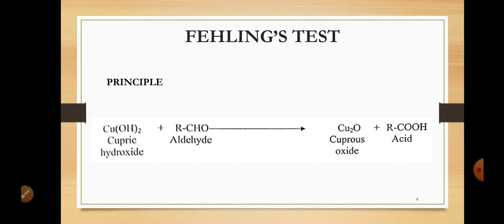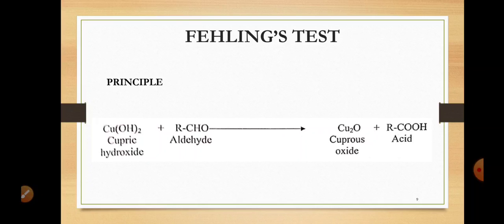This particular Fehling's test is named after Hermann Christian von Fehling. In this test, the presence of aldehydes is detected by reduction of copper to a red precipitate of insoluble cuprous oxide. This test is commonly used for reducing sugars but is not specific for aldehydes.